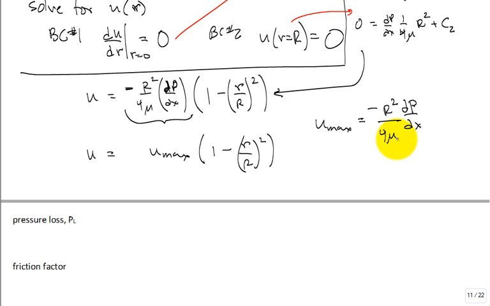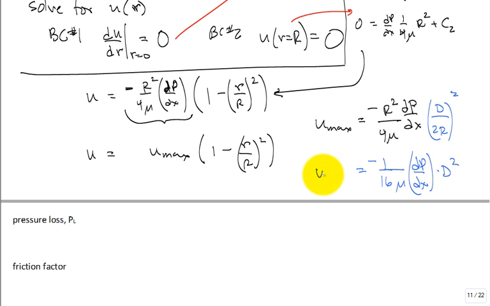Somebody says, I prefer to work in diameters. Okay. Well, a diameter and 2 radius are the same. So I'll square that. So this is negative 1 over 16 mu dP dx times D squared. Did I do that correct? Okay, so U max is equal to that.